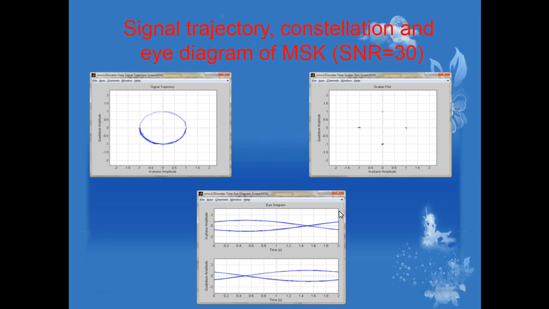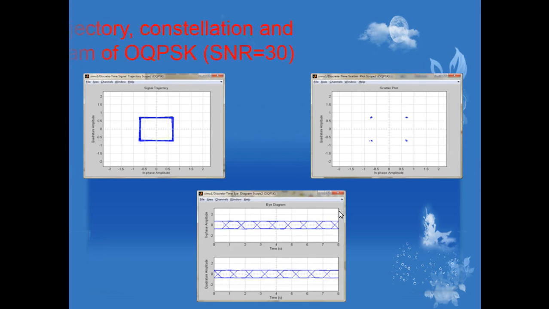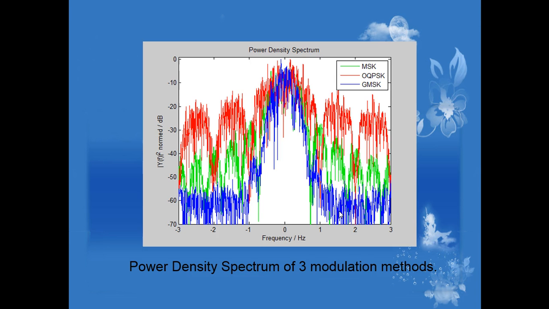Similar for the MSK and the OQPSK methods. Just pay attention that the signal to noise ratio is always 13 at this time. Also, I plot the power density spectrum of the three modulation methods.